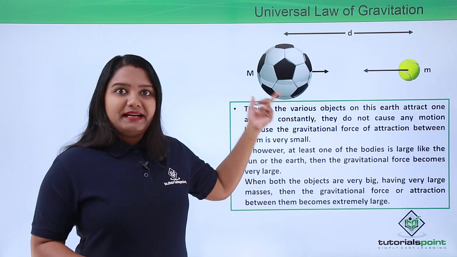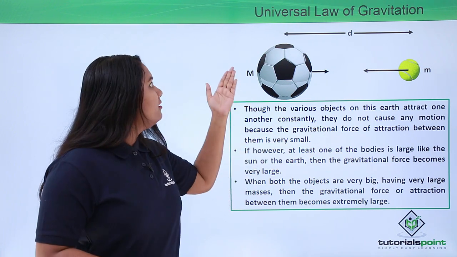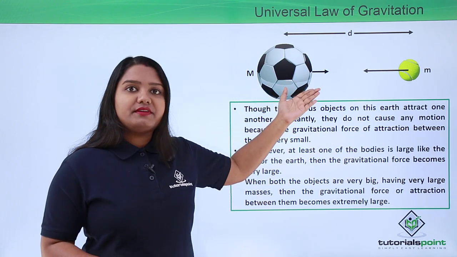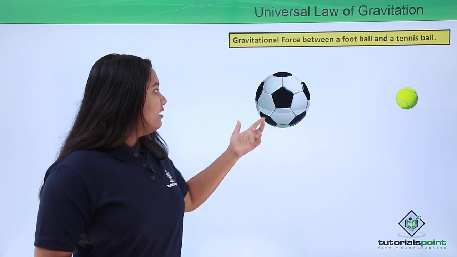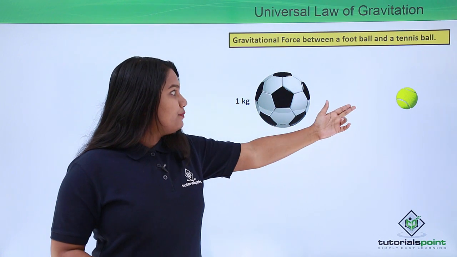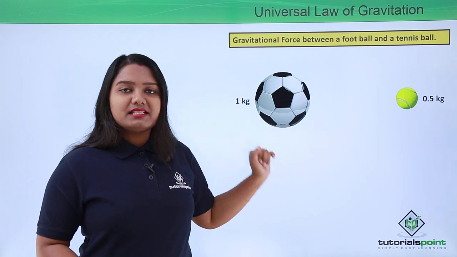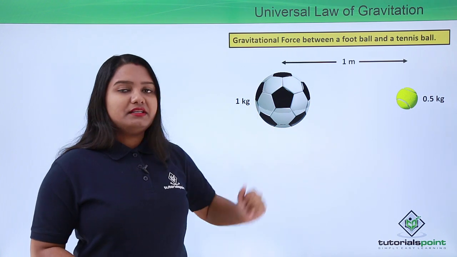Now for a better understanding or for clarification of the concept, let us calculate the force of attraction between these two balls. Let's say this ball weighs 1 kg and the small ball, which is the tennis ball, is of mass 0.5 kg, and the distance between them, let's take it to be 1 meter.